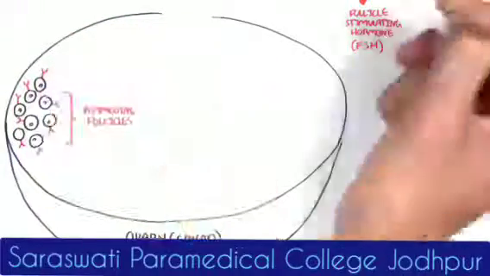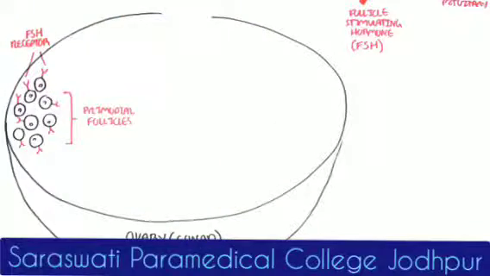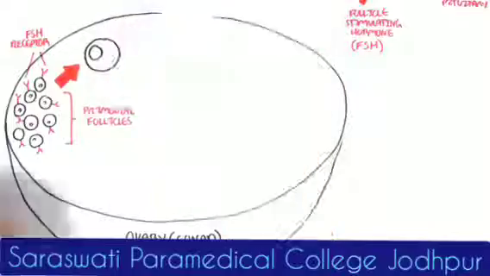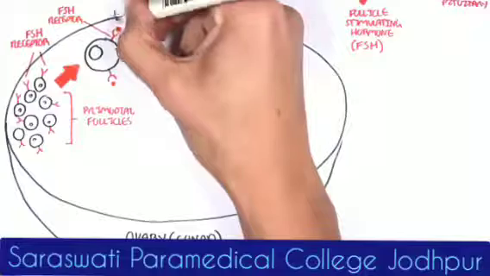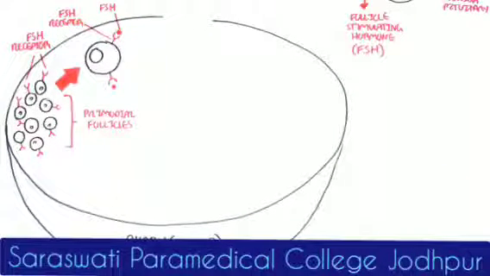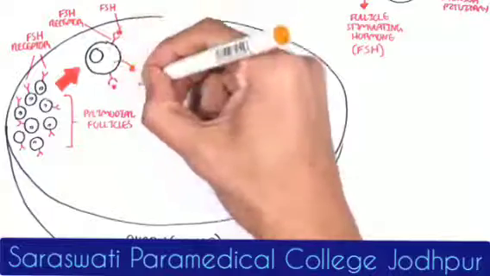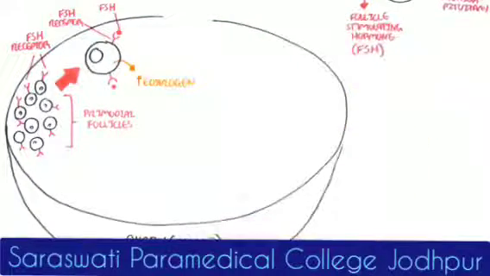They have FSH receptors. And so, when FSH is being produced, some of these follicles will mature. And as these follicles mature, they begin producing estrogen. So we can say that FSH's role is for follicle maturation as well as estrogen production indirectly.